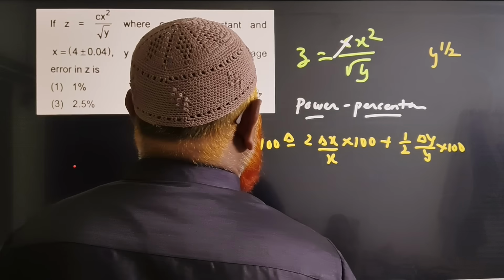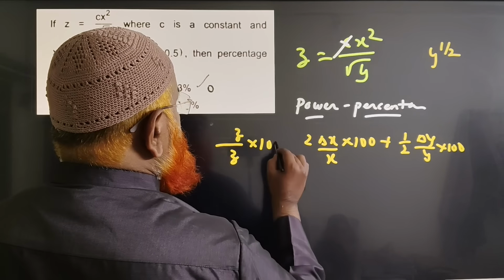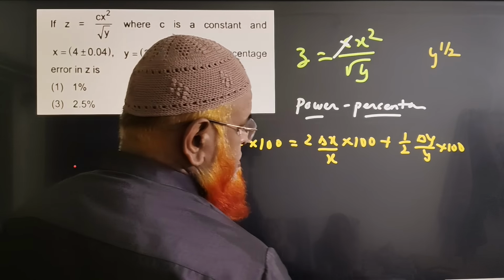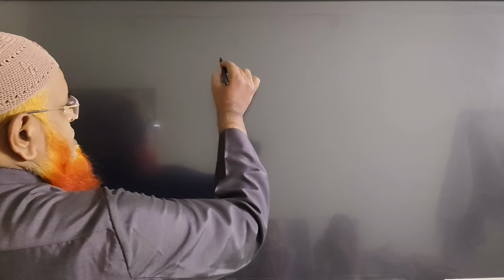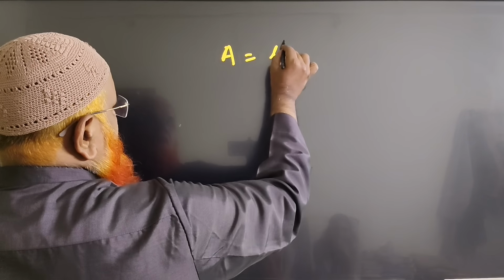I'll give some clue for you. Before going to this, let me make you some understanding about this one. You can just see here. Area means L square.